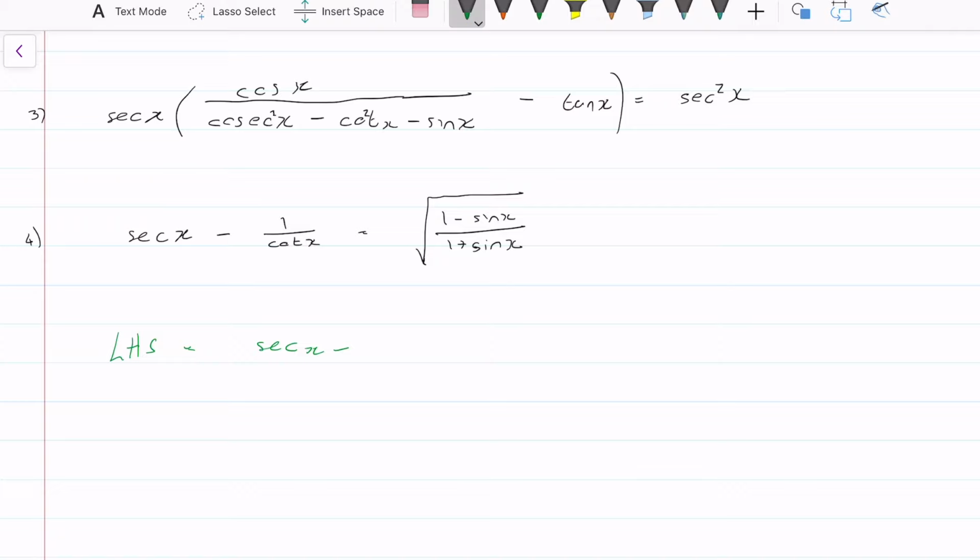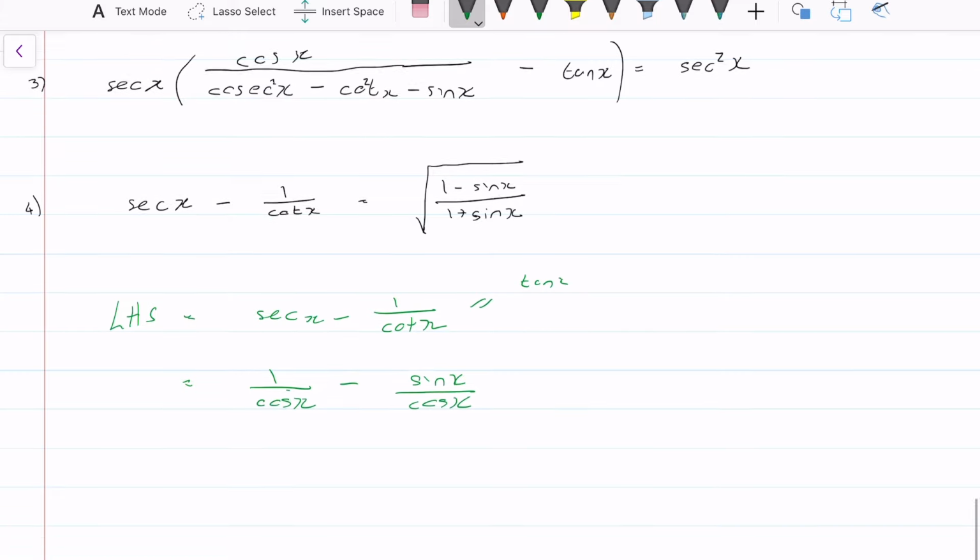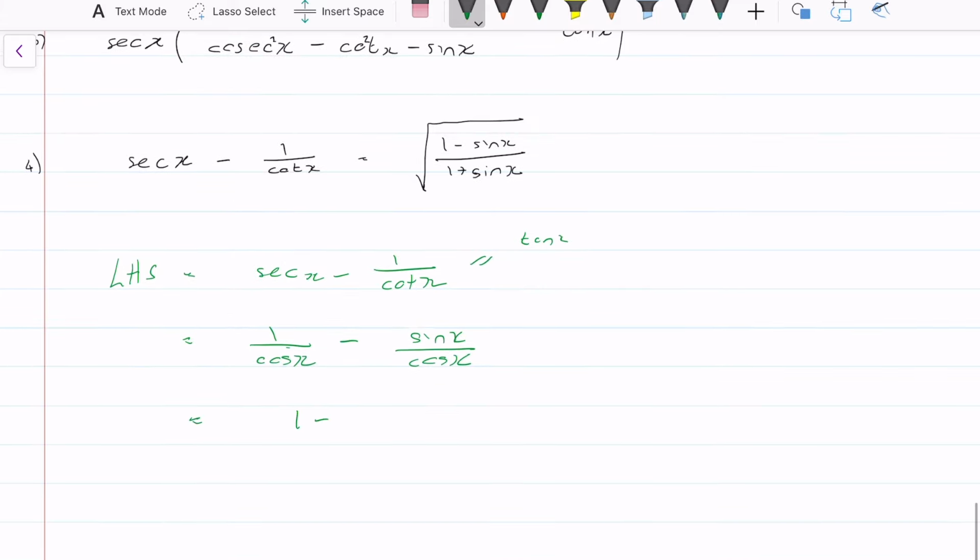Now let's get this as 1 over cos x minus 1 over cot, that's essentially equal to tan x, so it would be sin x over cos x. Okay, great stuff. So now we're left with 1 minus sin x over cos x. Okay, right, so I'm happy with the left hand side.